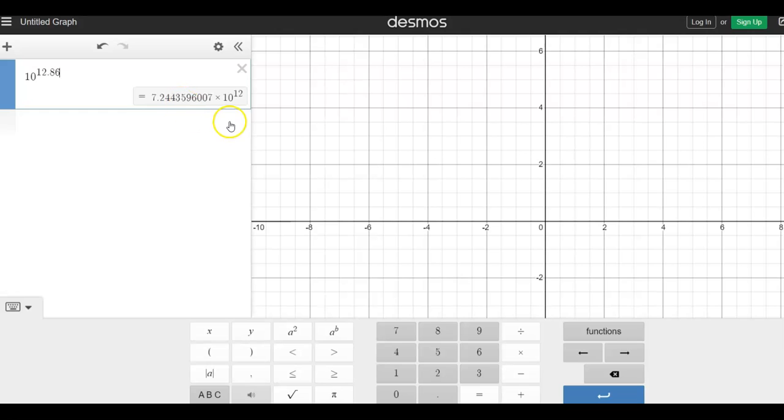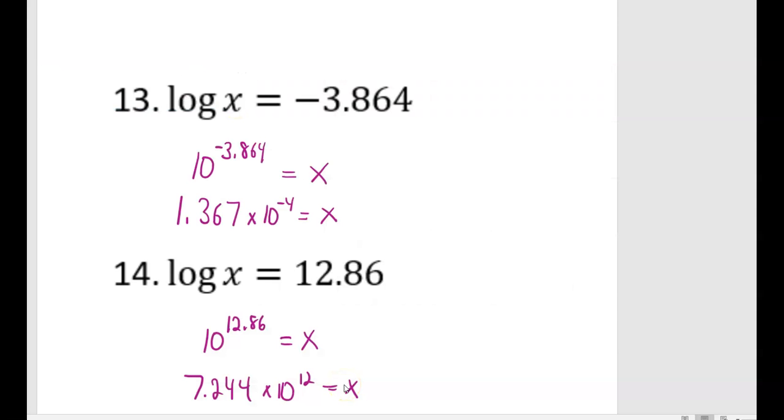And this time it gave me scientific notation. So 7.244 times 10 to the 12th. And that's probably a good one to leave in scientific notation because the 12th power would mean I would take this decimal and move 12 places to the right. And that would be a very, very large number to deal with and look at. So we'll just keep it in scientific notation.